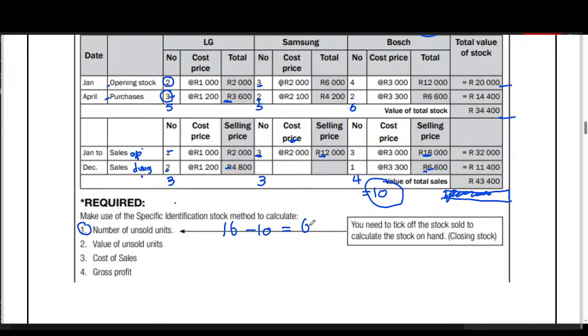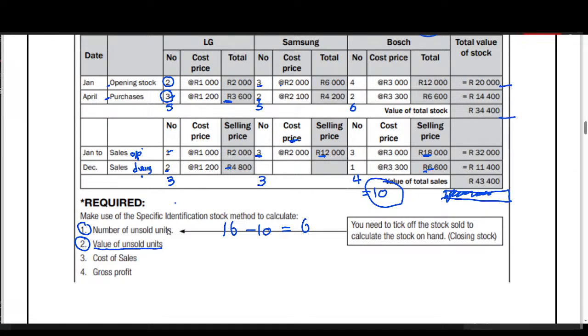Okay. The value of unsold units. Now we need to go and calculate the value of the units that were not sold.